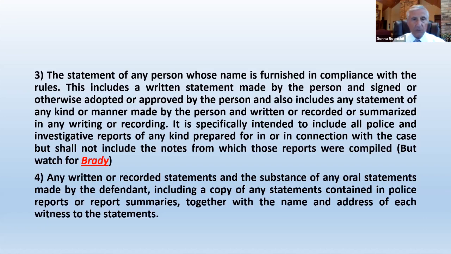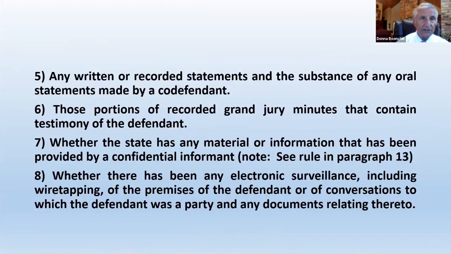Number four, any written or recorded statements and the substance of any oral statements made by the defendant, including a copy of any statements contained in police reports or report summaries, together with the name and address of each witness to the statements. Five, any written or recorded statements and the substance of any oral statements made by a co-defendant. Six, those portions of recorded grand jury minutes that contain the testimony of the defendant.